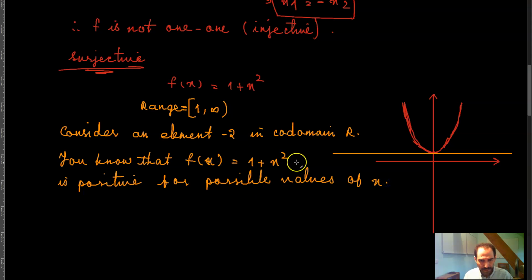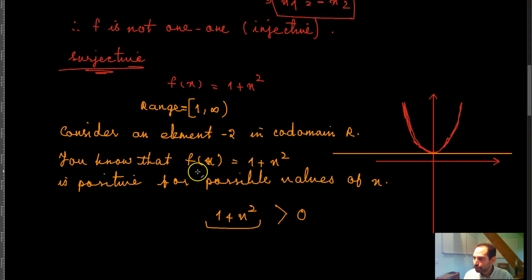Right? So f of x is equal to 1 plus x squared. Whatever x you pick here, whether your x is negative or positive, it becomes a positive number because you're raising it to the second power, and then you're adding 1 to that, so you're going to end up with a positive number, right?